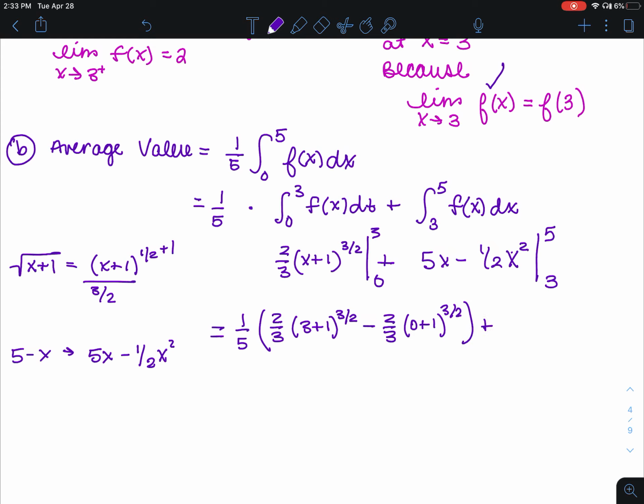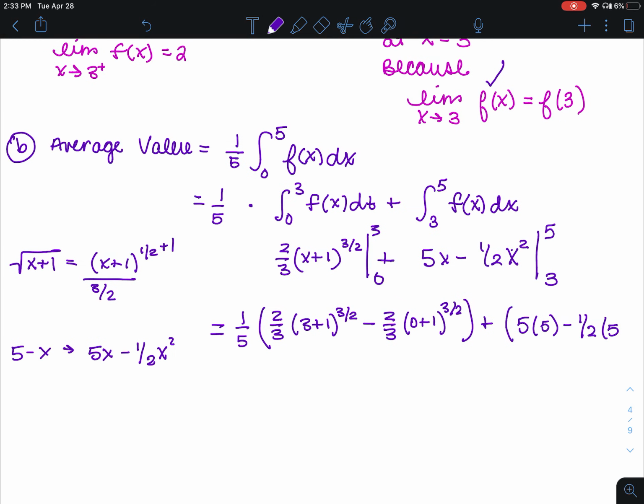Plus 5 times 5 minus 1/2 of 5 squared, minus, run out of room, 5 times 3 minus 1/2 of 3 squared.